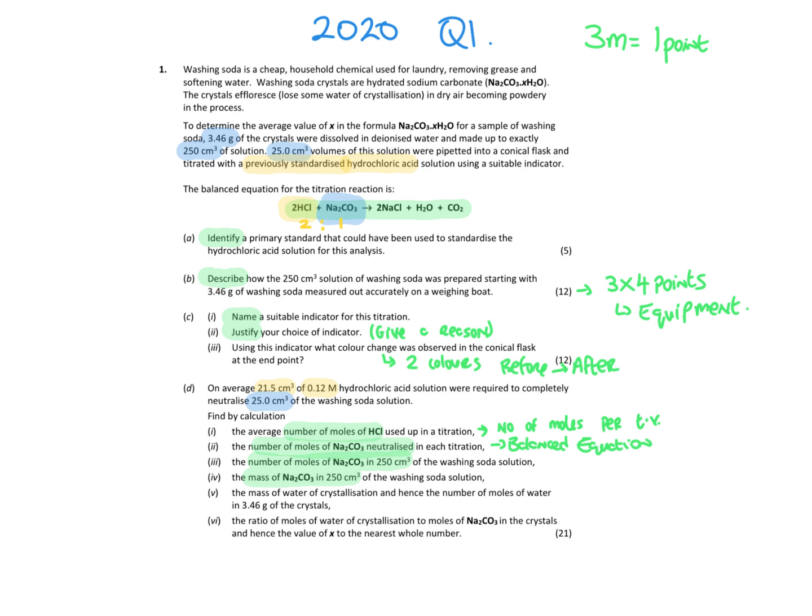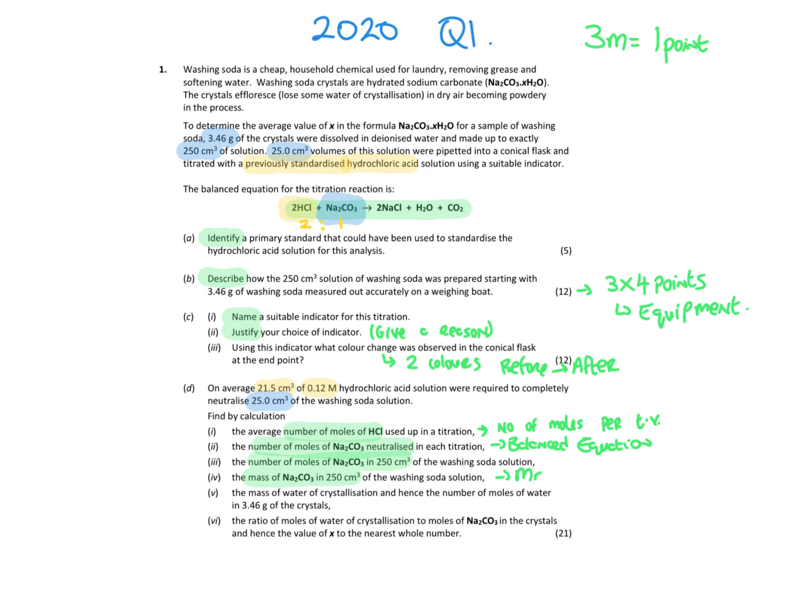And whenever I see mass, I'm automatically thinking I have moles, I'm looking to get mass, so I'm going to have to do something with my molecular mass or my Mr. Part 5 then, they're asking you to find the mass of water and hence the number of moles of water in 3.46 grams of crystals.